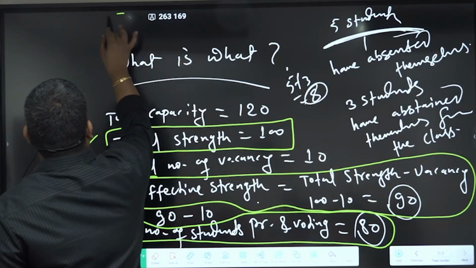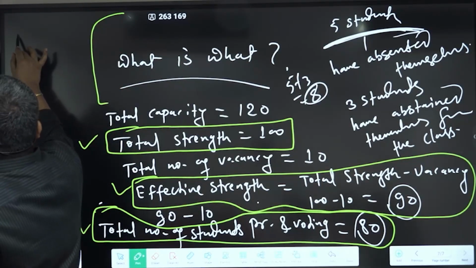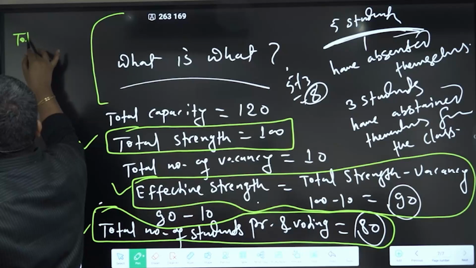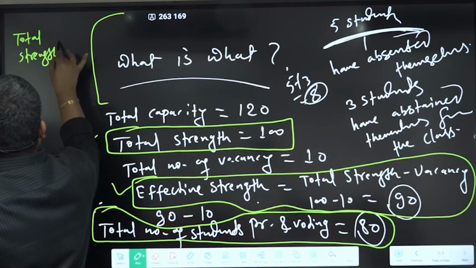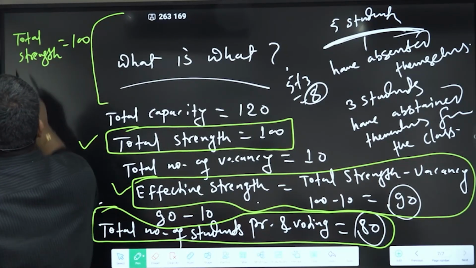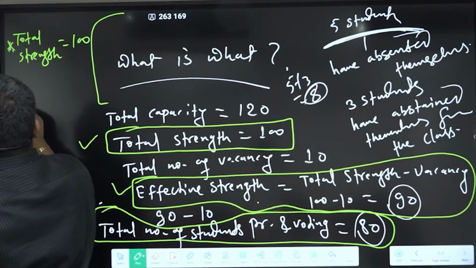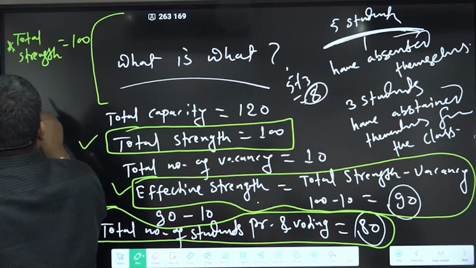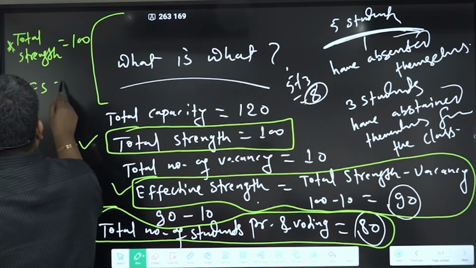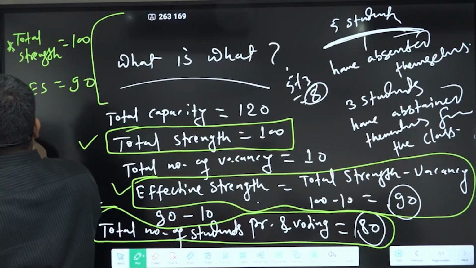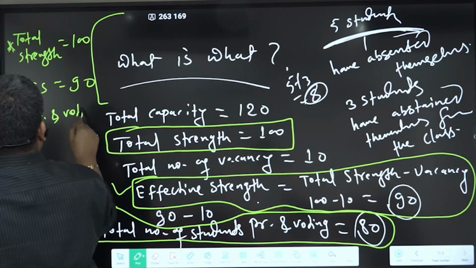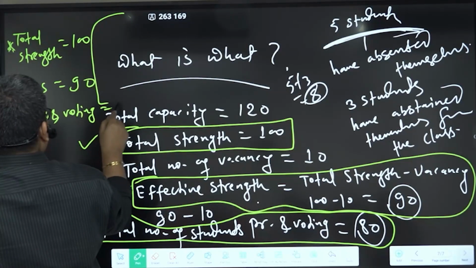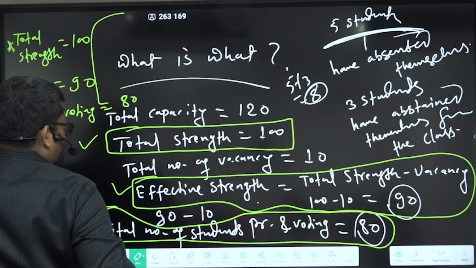So let's get it summarized. What's the figure across total strength? 100. What's the figure across effective strength? 90. What's about present and voting? 80.